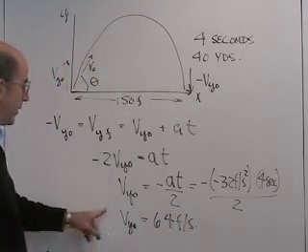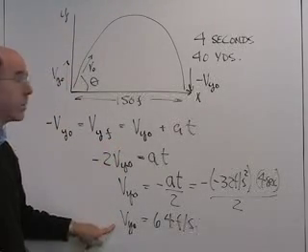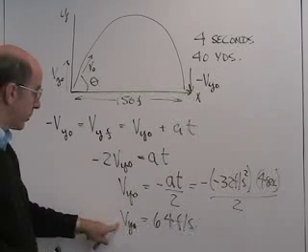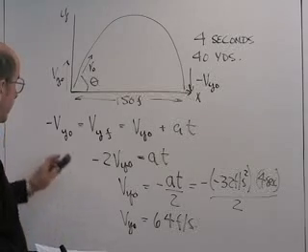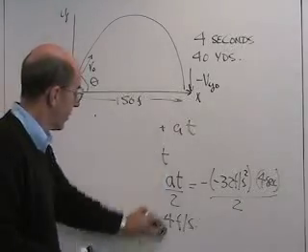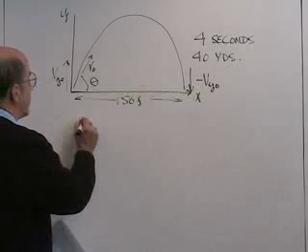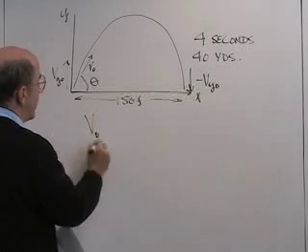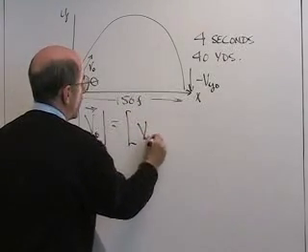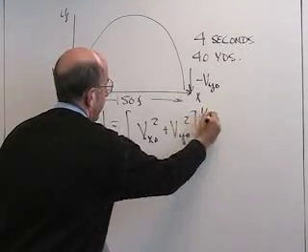All right, so by using this equation for the change in the velocity, I've determined what the vertical component of the velocity is. And we just said that the horizontal component was 37.5 feet per second. And so all I have to do is put those two together. I've got this value, and then I want to find V0. Well, the magnitude of V0 is going to be equal to the square root of Vx0 squared plus Vy0 squared, to the 1/2.